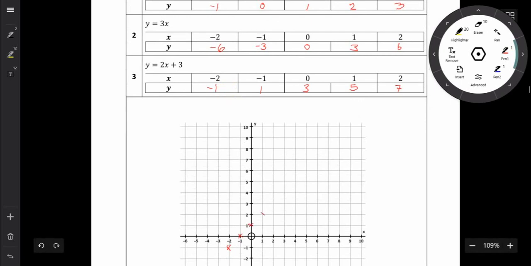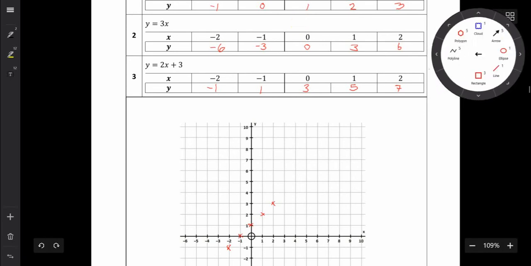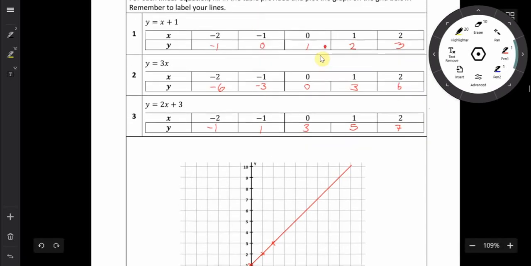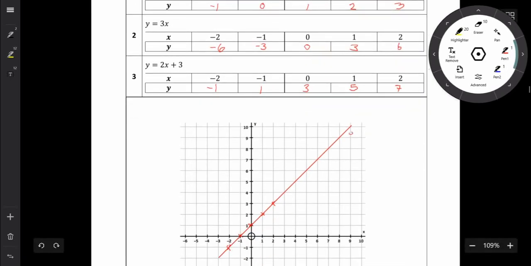You can already see that this is forming a good straight line. So I'm just going to draw a line through those. I'm going to keep my line going a little bit because it would keep going on and on if I could draw all of it. And I'm going to label that y equals x plus 1.